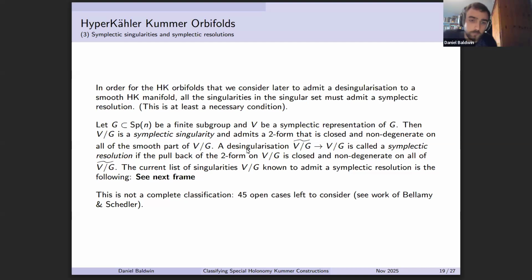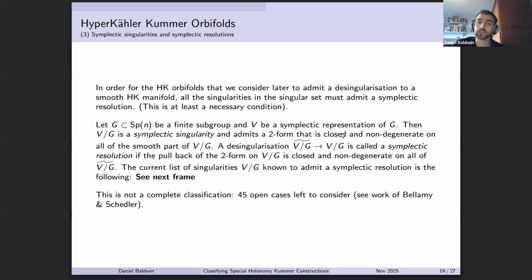So if you take some finite subgroup G of Sp(N) and a vector space V, which is a symplectic representation of this group, then V mod G is a symplectic singularity, and it admits a two form that's closed and non-degenerate on all of its smooth part.